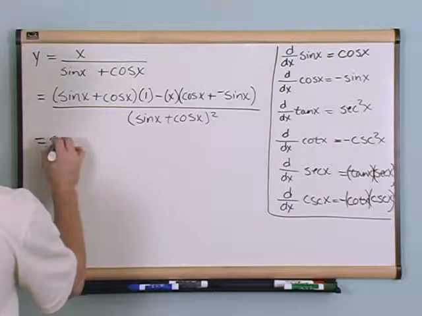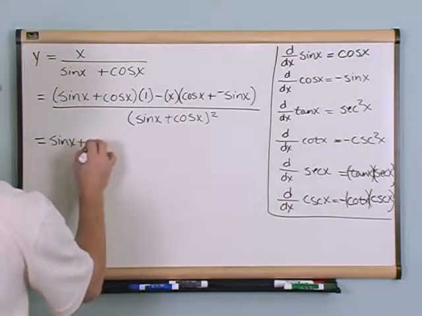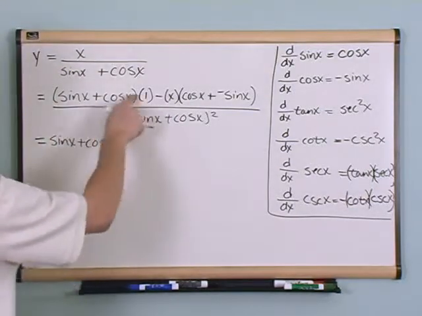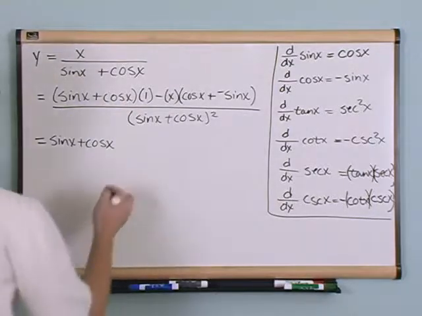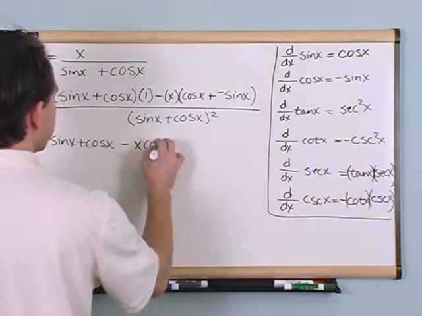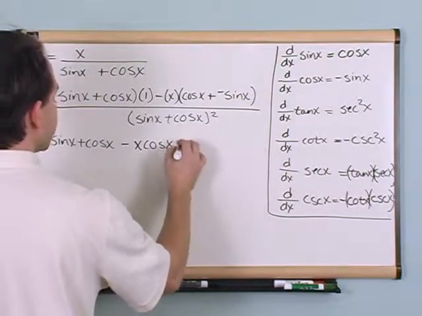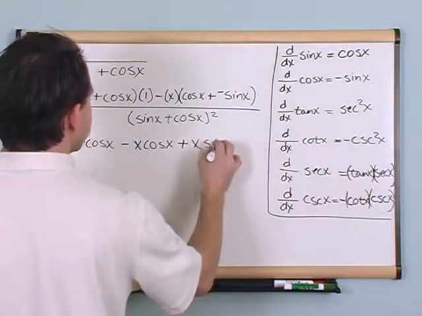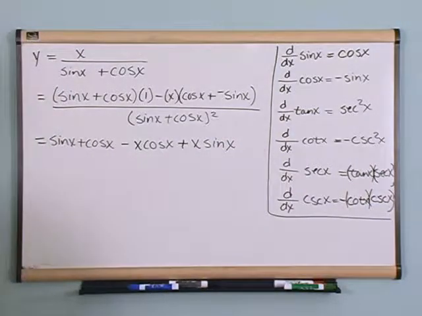So we have sine x plus cosine x. That takes care of this stuff. Minus x times the cosine of x plus x times the sine of x. Okay?